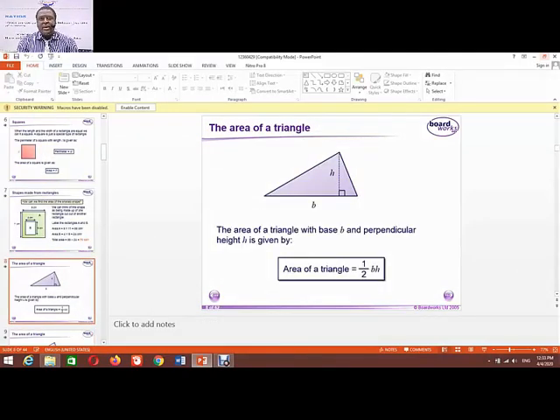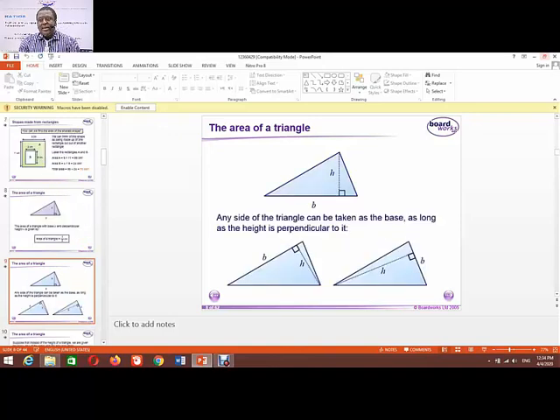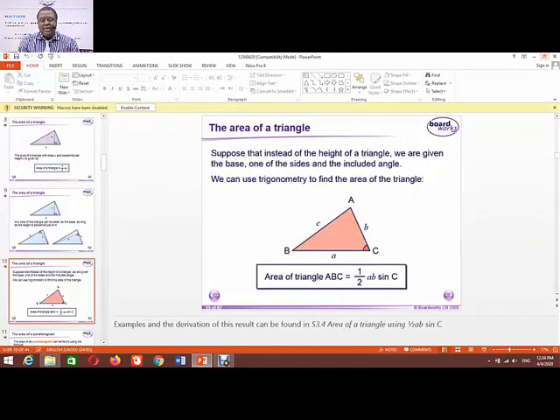Now let's move on to the area of a triangle. The area of a triangle with base B and perpendicular height H is given by area equal to 1 over 2 times base times height. Any side of the triangle can be taken as the base as long as the height is perpendicular to it.